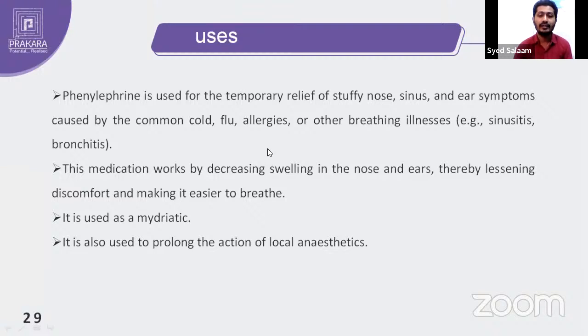Mostly it is used for relieving stuffy nose, sinus problems, allergies, and for decreasing the swelling of nose and ears. Another important use is as a mydriatic, associated with eye pupil dilation. And apart from that, it is also used for enhancing the effect of local anesthetics.